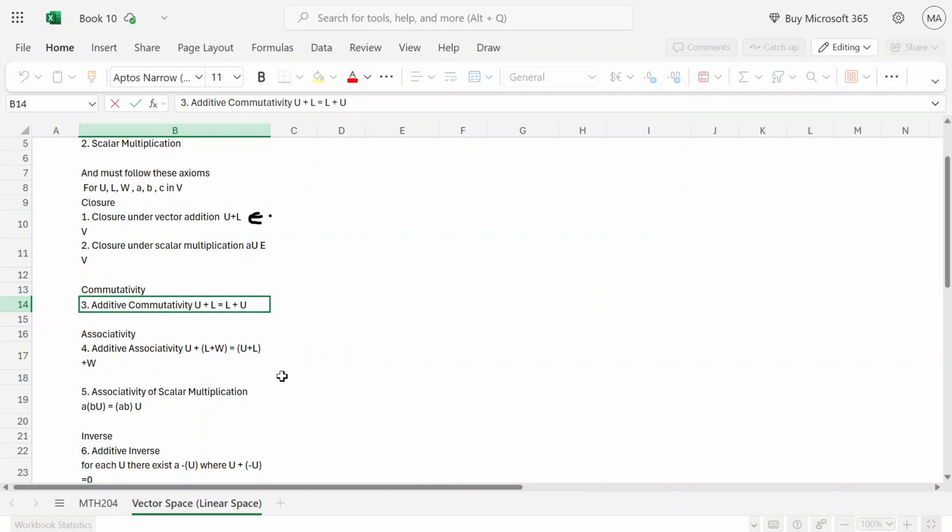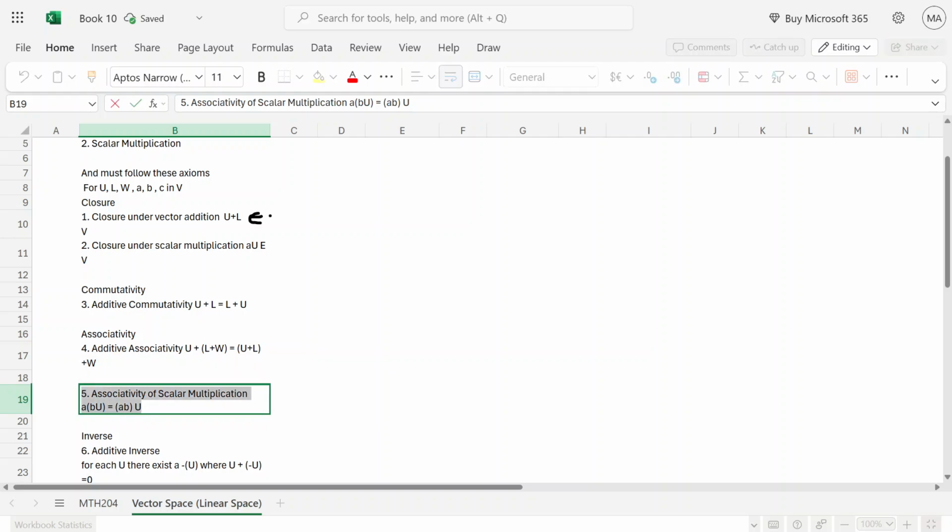You can see it is just the same thing. So associativity of scalar multiplication. So a times b times u must be equals to a times b, then you times it by u. So what you are just saying is anyone you times together at first, at the end, if you multiply it, you will still get the same thing.